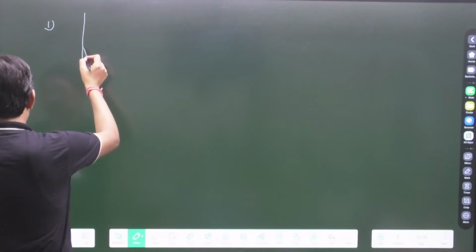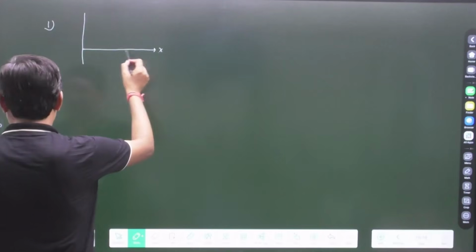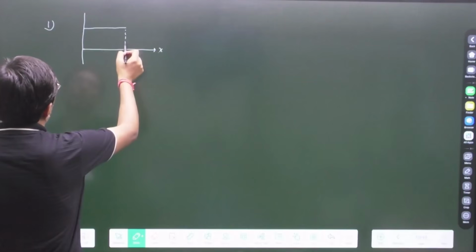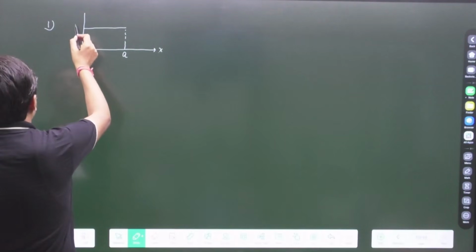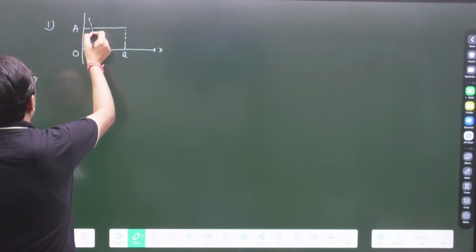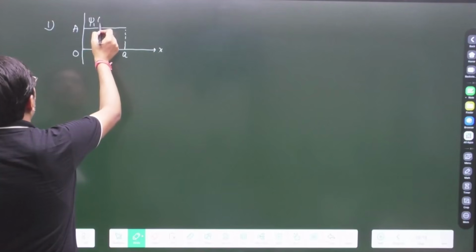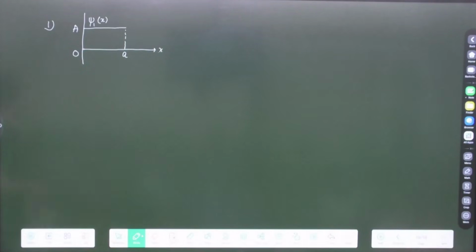So, this is x-axis. This is A, this is 0, this is capital A, and this is your wave function. You can write it as psi 1x. So, psi 1x is A. You have to tell me this is acceptable wave function or not.